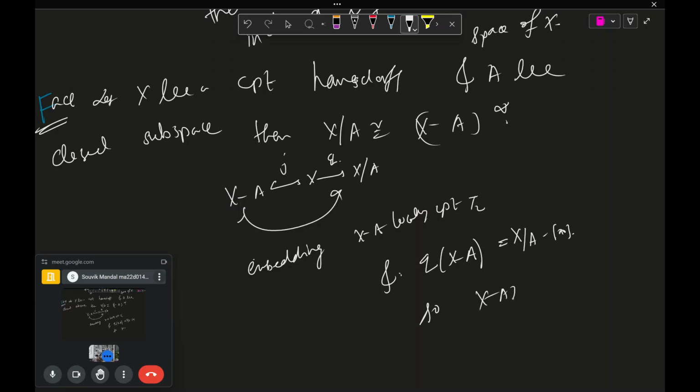So X minus A is homeomorphic to X by A minus a point. Okay, this is one thing.